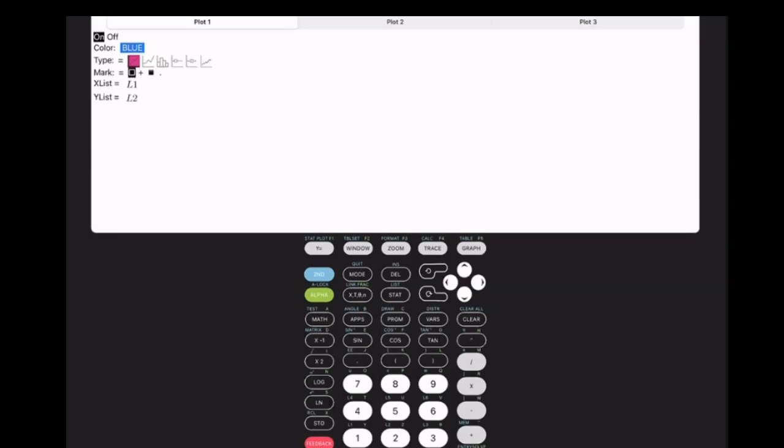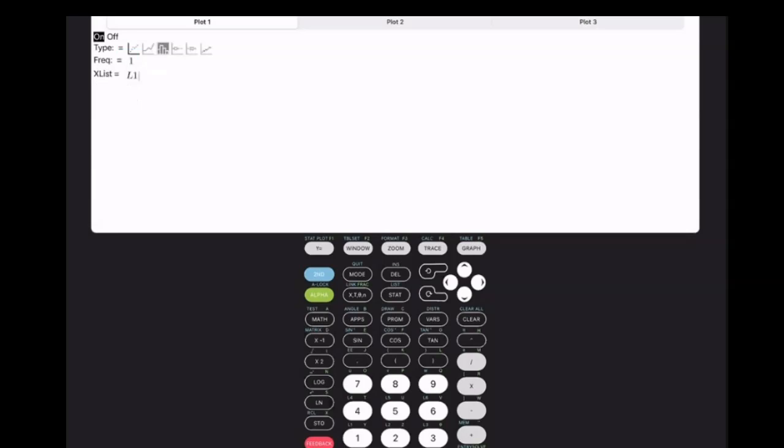It's not a bar graph. Don't say bar graph. We got to make sure we don't say bar graphs for histogram. It's a big thing we want to make sure we avoid. It's the third one, the histogram looking one. We hit enter right there.